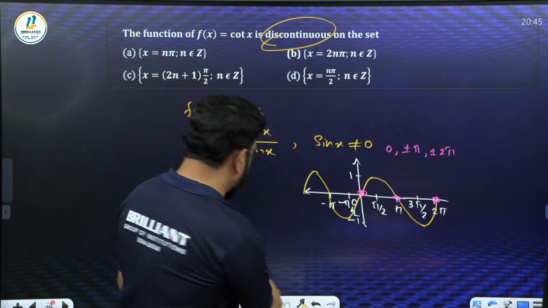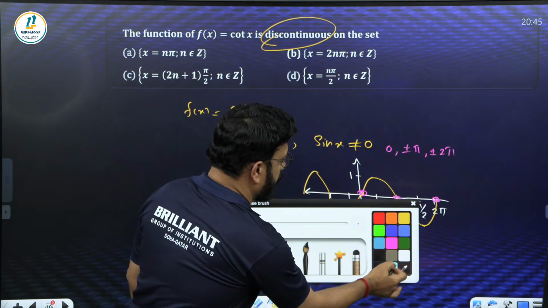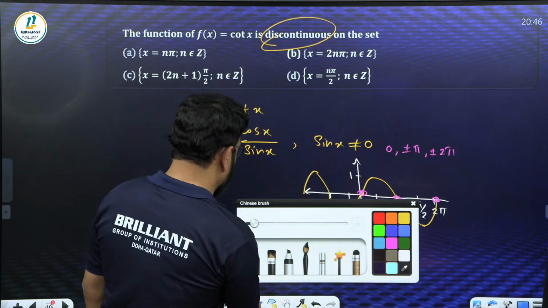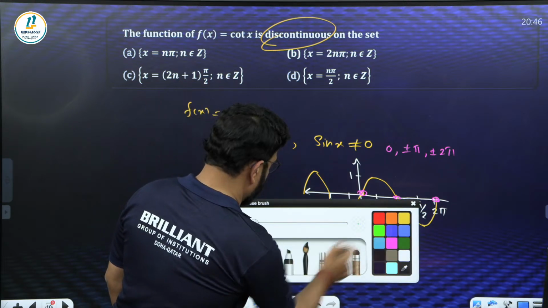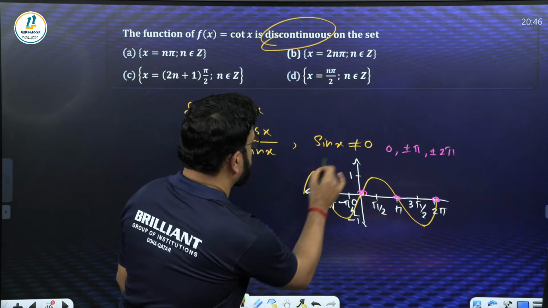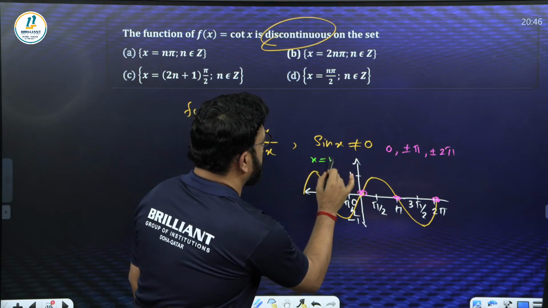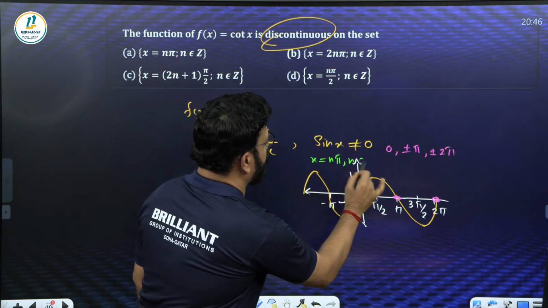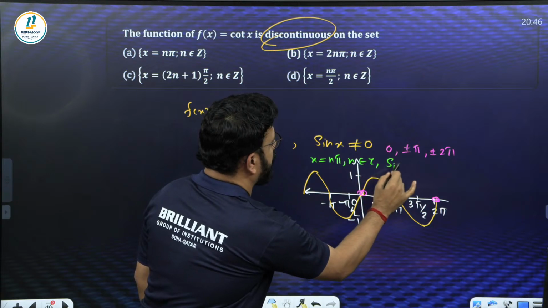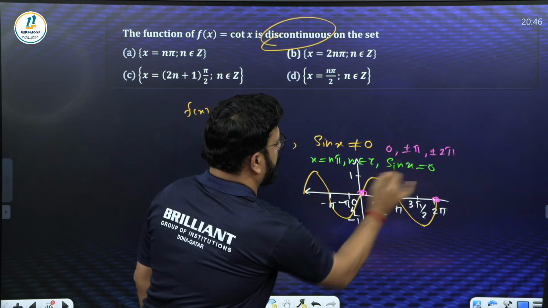Means we can take here n pi. When sin is coming to 0, then x equal to n pi, where n belongs to z, and sin x goes directly to 0.